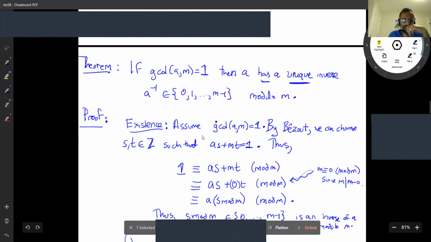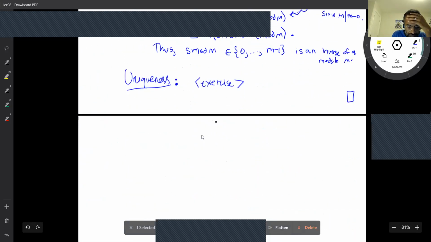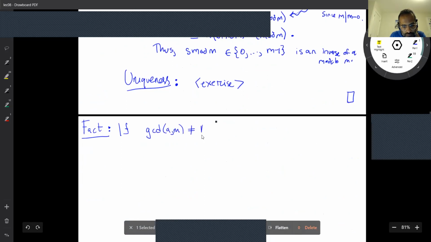But let me just state a fact, which I won't prove for now. It's not that hard to prove. You can try to prove this later. Is that if A and m are not relatively prime, then A does not have an inverse.